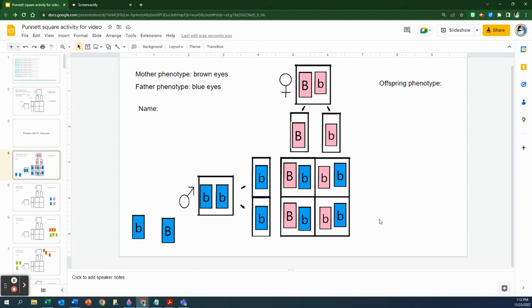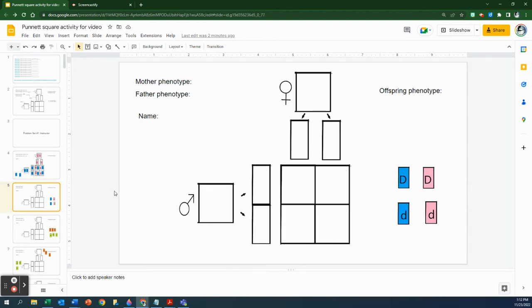So you can practice this to your heart's content with any kind of letter combination that you desire. One of the ones I want to practice with you real quick, just in terms of the interpretation of these: the letter D. Traditionally, big D and little d are used for two different traits.